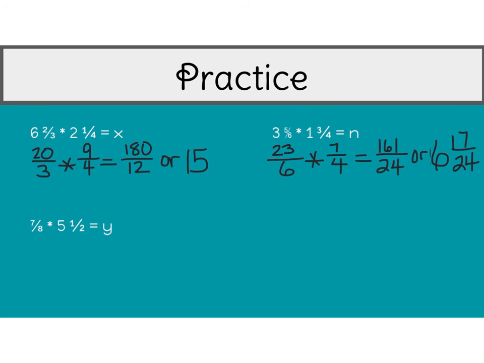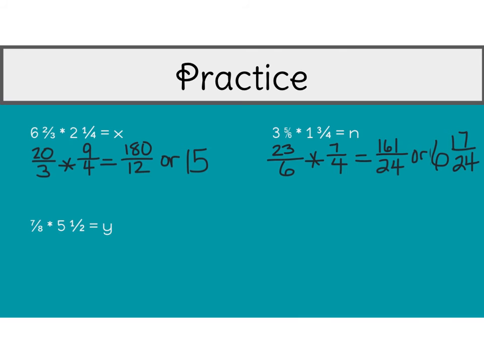I took 6 2/3 and I converted that to a fraction, which became 20 thirds. And then I took 2 1/4, converted it to a fraction, which was 9/4, multiplied those together, got 180 over 12, or that turns into the whole number 15.